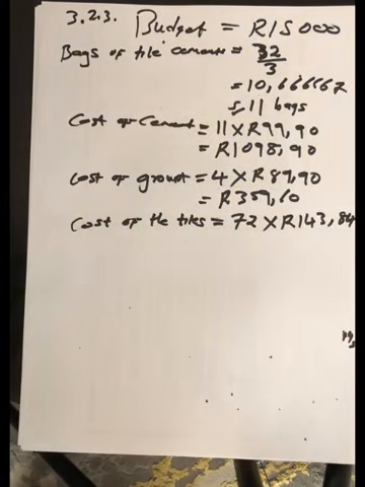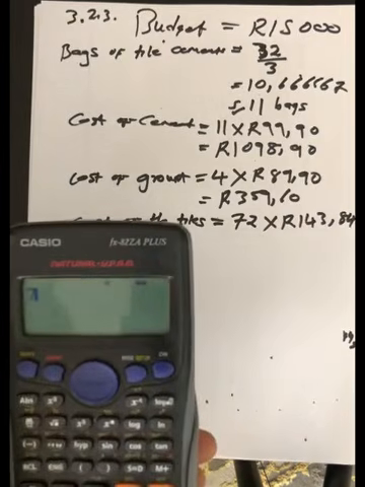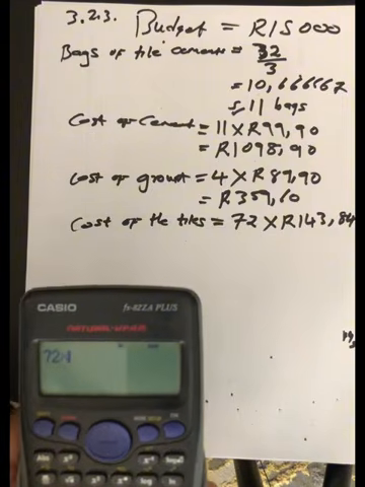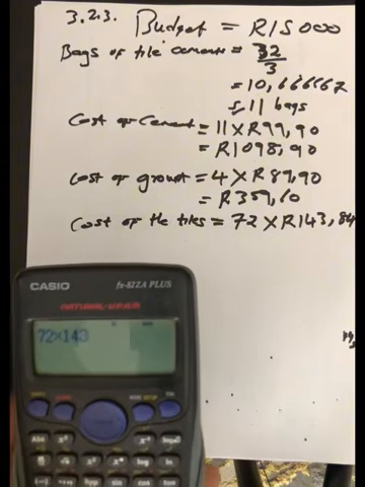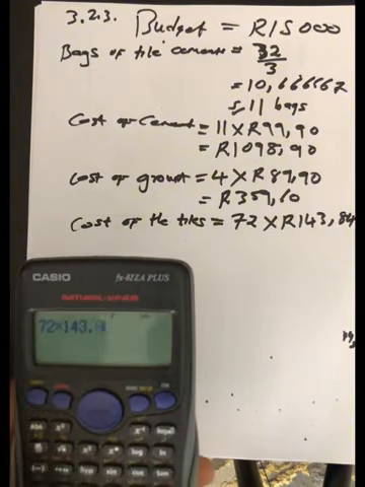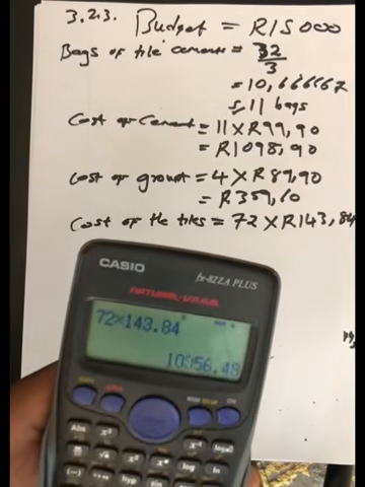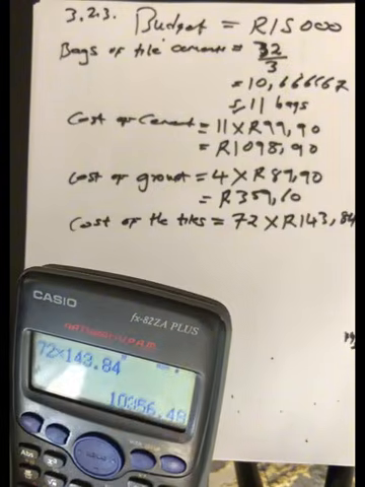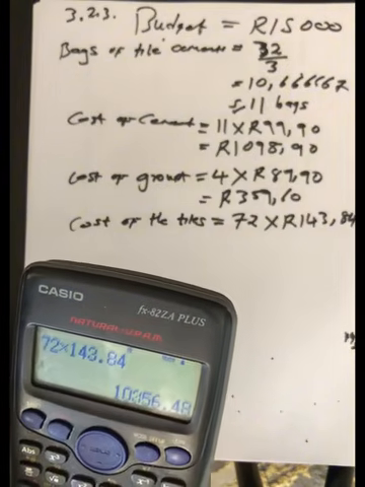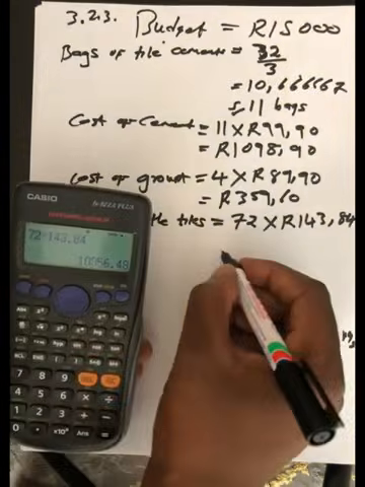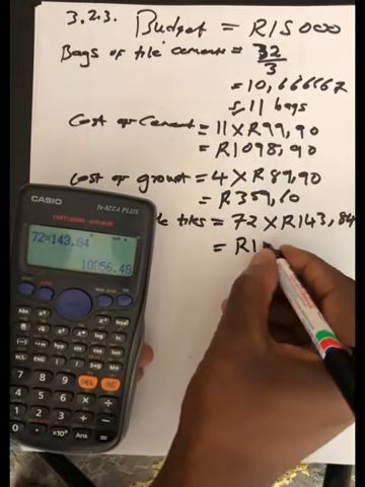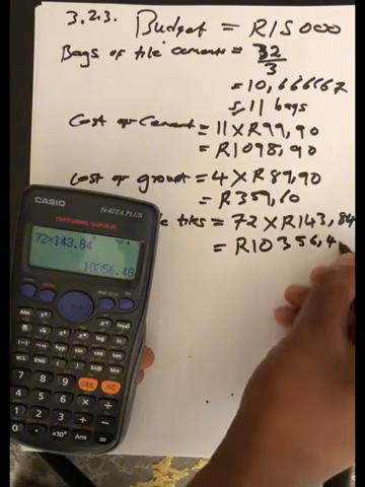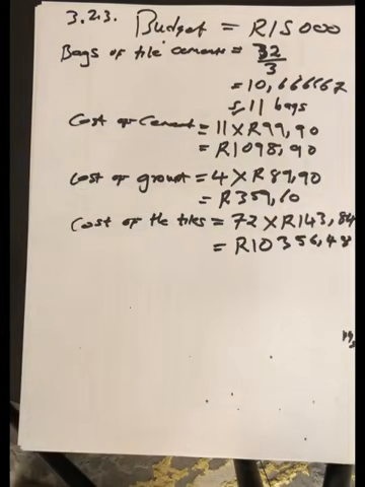So let's do the calculations. 72 multiplied by 143.84. This is our answer, which is 10,356.48 for the tiles.